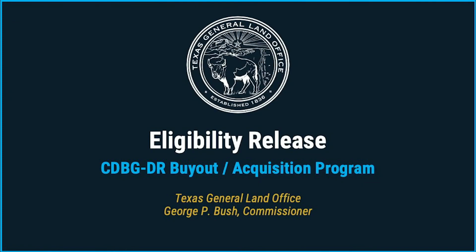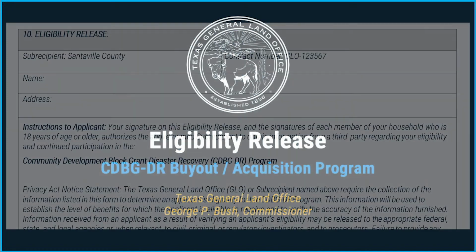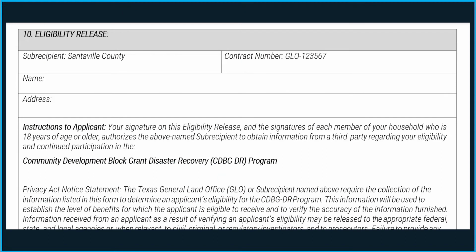Section 10 is where the applicant authorizes the subrecipient to obtain information about the applicant and all members of the household 18 years or older to determine eligibility of the program. The subrecipient obtains this information to establish the level of benefits that the applicant is eligible to receive and to verify the application.